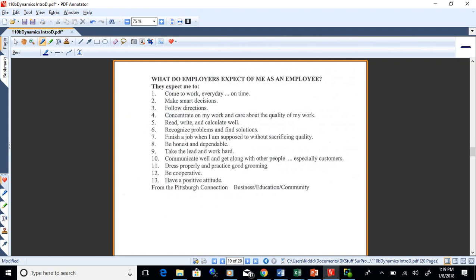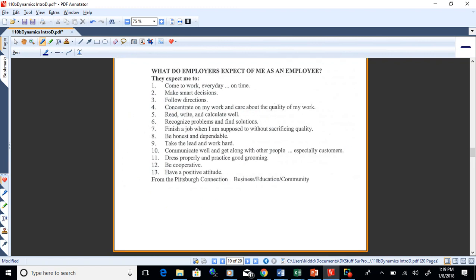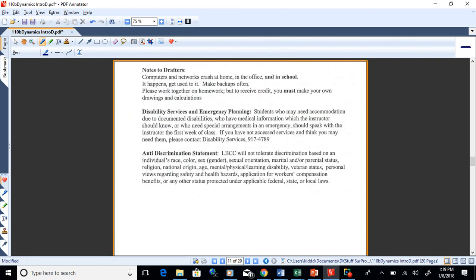Okay, on the back of the syllabus, I've got some stuff, what employers expect of an employee. Pretty good list, for school too, so I just put it on there. I kind of like that list. Okay, I've got disability services and emergency planning. I've got an anti-discrimination statement.